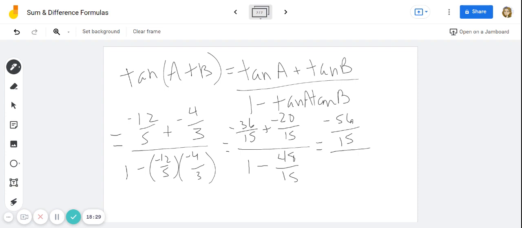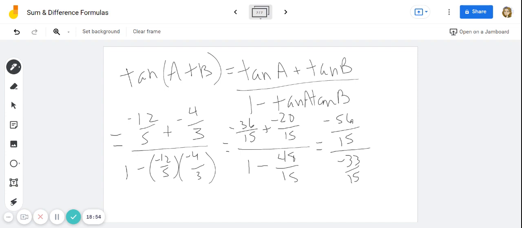So if we're going to take 1 and get a common denominator, then that's going to be 15 over 15. And then we're going to subtract the 48 over 15. So 15 minus 48 becomes negative 33. So we have negative 33 over 15 on the bottom.